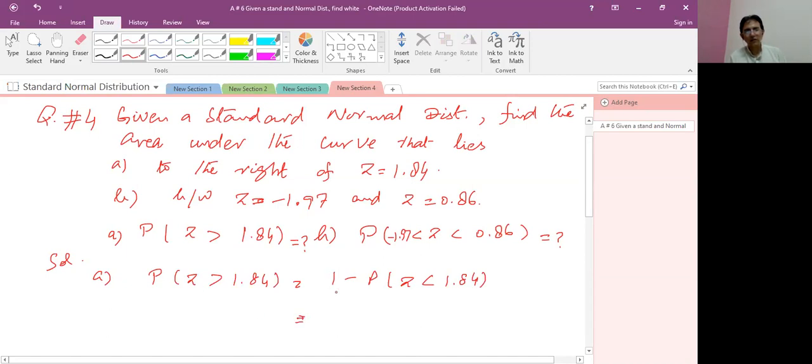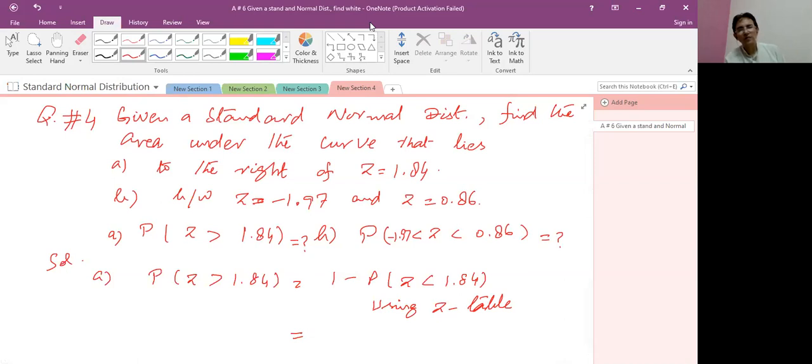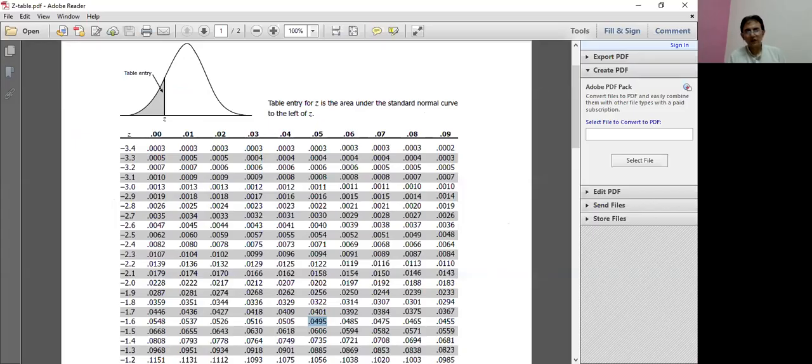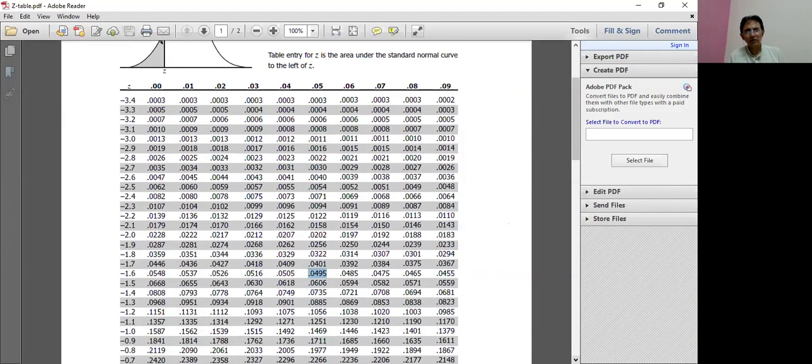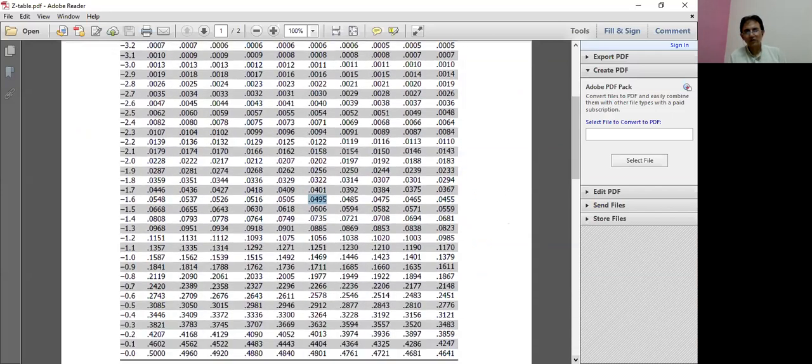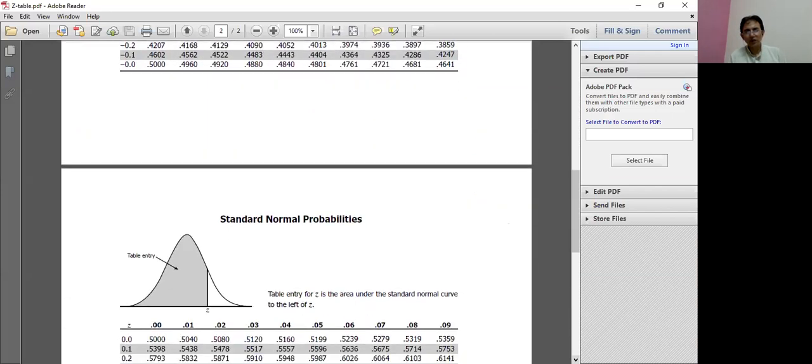The whole area is 1, so 1 minus something. So with the help of the z table, using the z table, find the result. Now we find the value of z, the area under the normal curve at this point. So we will check 1.84, student.